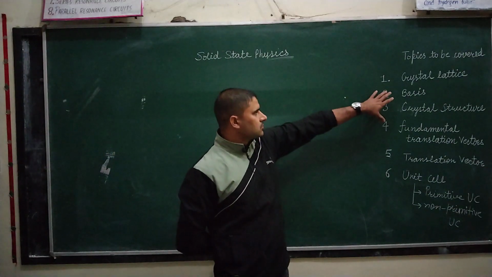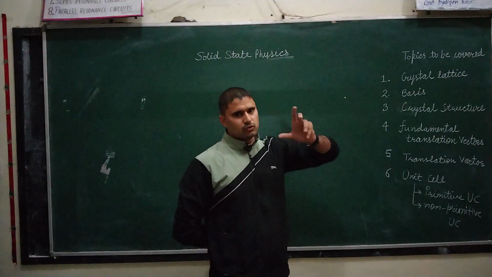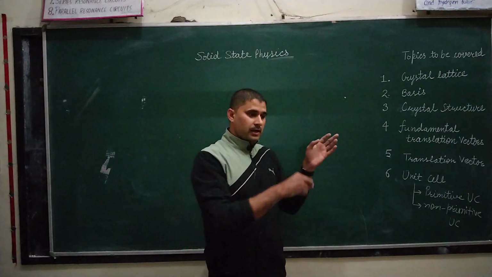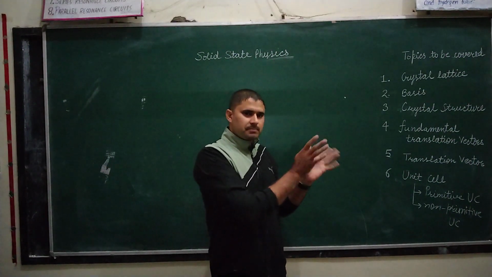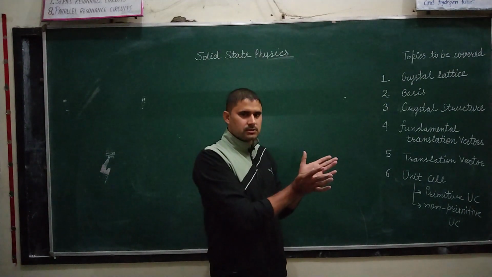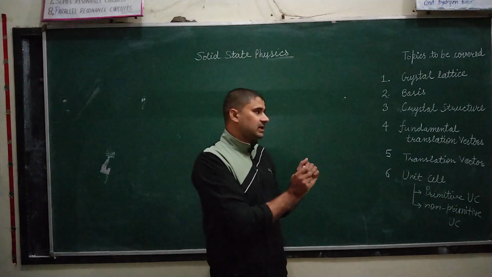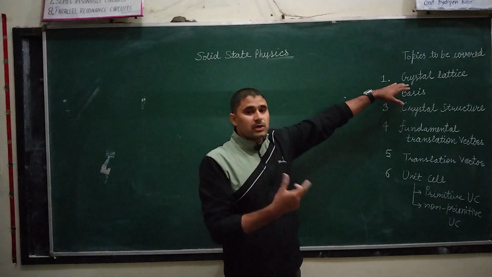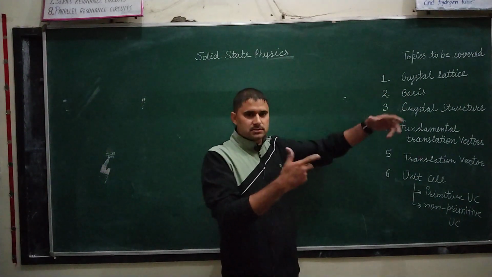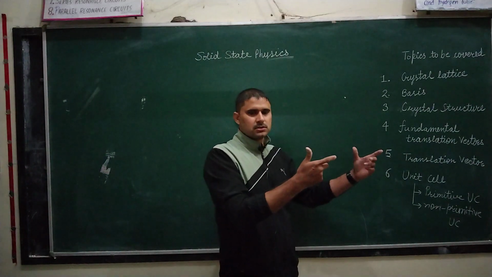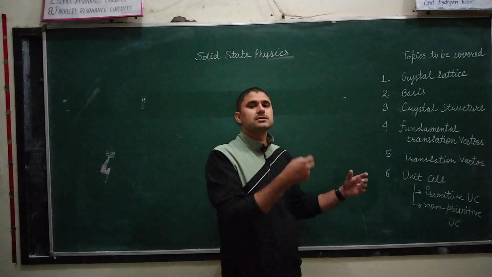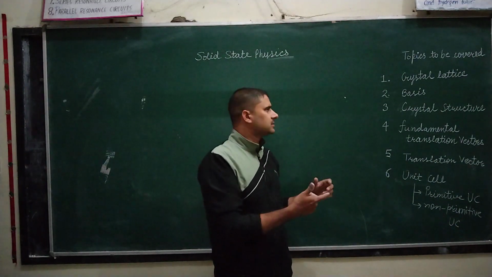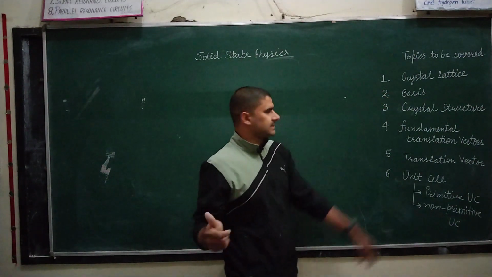So to study them we need a framework, okay, where particles are present, what is the angle between different planes where particles are situated. To study that we need a framework, that is a framework network of points at different positions. The positions are lattice points, okay, and the arrangement network of lattice points is the crystal lattice.